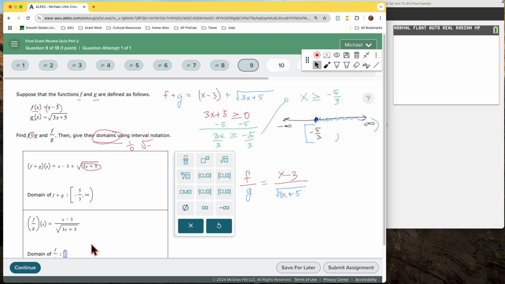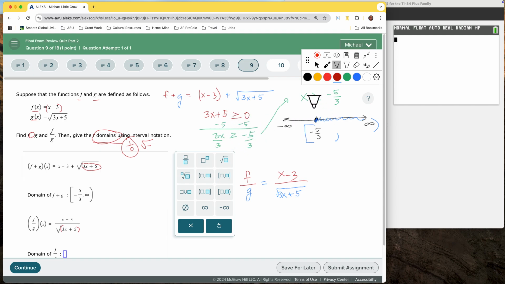So now when we think of the domain, we've got a similar issue here, right? The part inside the square root has to be non-negative, but because it's in the denominator, we run into this issue. It cannot be equal to 0. So a little bit different than what we've got.